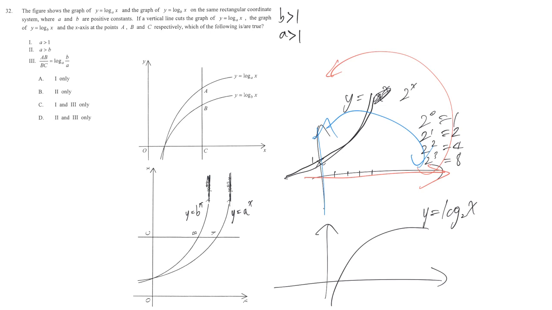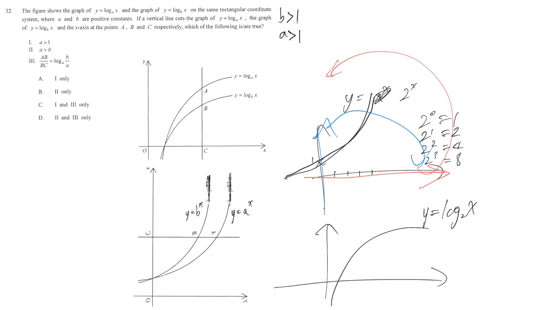But if we compare which one is larger, you may just check which goes up quicker. If we multiply by a larger number, then it should go up faster. That means this curve goes up faster earlier than a, which implies that b, the base number, is larger than a because it goes up faster.